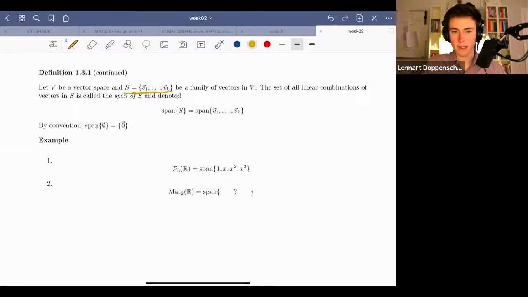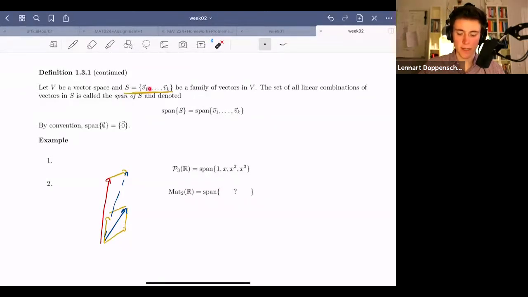What I mean by different combinations is just that if the coefficients are different, then it's a different combination. If you add these vectors together with coefficients 1, then you get this. But if you double this vector first and then add them together, you get a different vector. So the coefficients change the combination. And span S is the set of all possible linear combinations with these vectors and any coefficients.